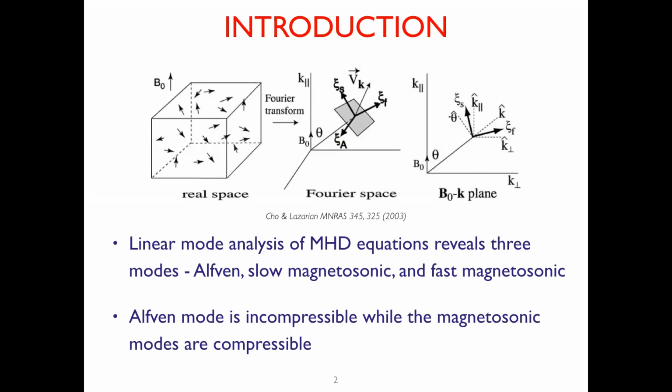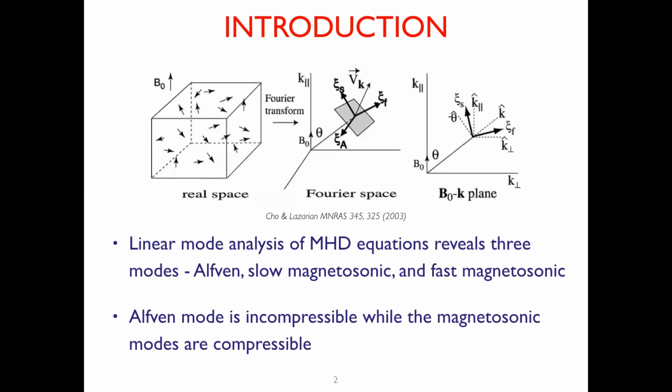I am analyzing MHD modes. He already showed that you get different modes when you solve for a plasma dispersion relation. If you solve the MHD equations, you get three modes: the Alfvén wave, the slow magnetosonic wave, and the fast magnetosonic wave. These can be thought of in Fourier space, plotted in terms of wave vector and omega.